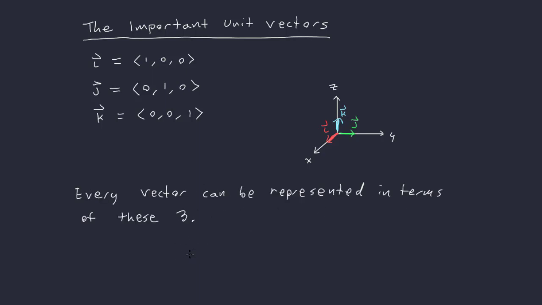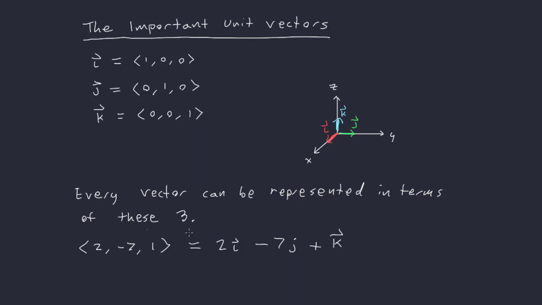Okay, so how is that? Well, it turns out that if I have the vector, let's say, 2, -7, 1, this can be written instead as 2i minus 7j plus k, which, note, we have a 1 sitting out there.